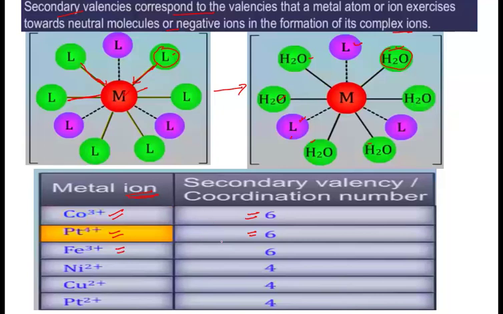Fe3+ ions will also show a coordination number of 6. So for these three, most commonly the coordination number remains 6, right. For nickel 2+, copper 2+, and platinum 2+ ions, the coordination number decreases and it is around 4. So 4 will be the coordination number for these ions or their salts.